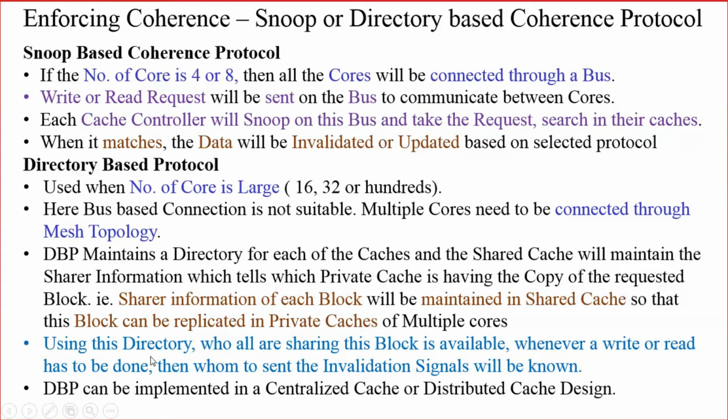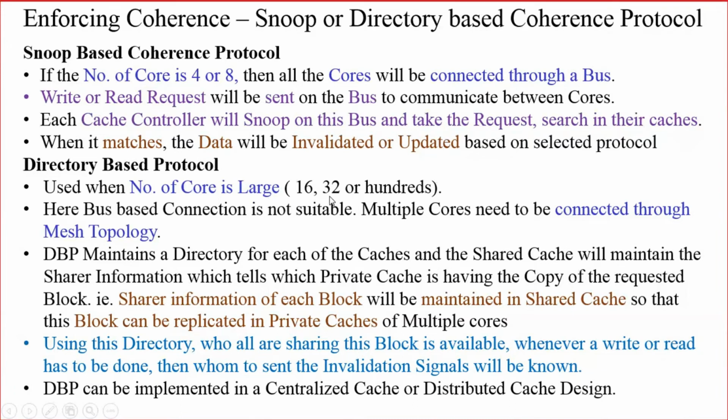The directory will already mention that block D is shared by P3 and P4. So whenever P1 needs to write data to D, it knows that the invalidation signal should be sent to P3 and P4. That is the advantage of a directory based protocol, and it will be used only when the number of cores is larger.